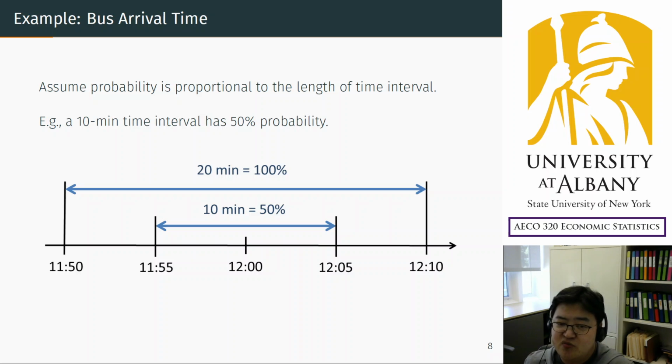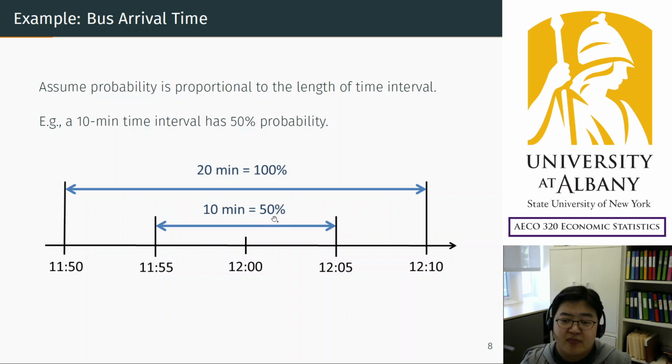We are going to assume that the probability is proportional to the length of the time interval. This is possible. If you assume that the bus can arrive anytime within these 20 minutes, then, for example, you can calculate the probability that the bus arrives within plus or minus 5 minutes.